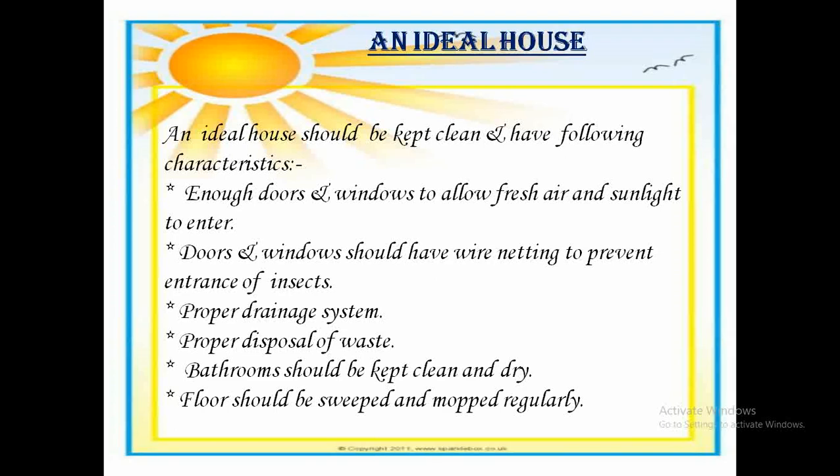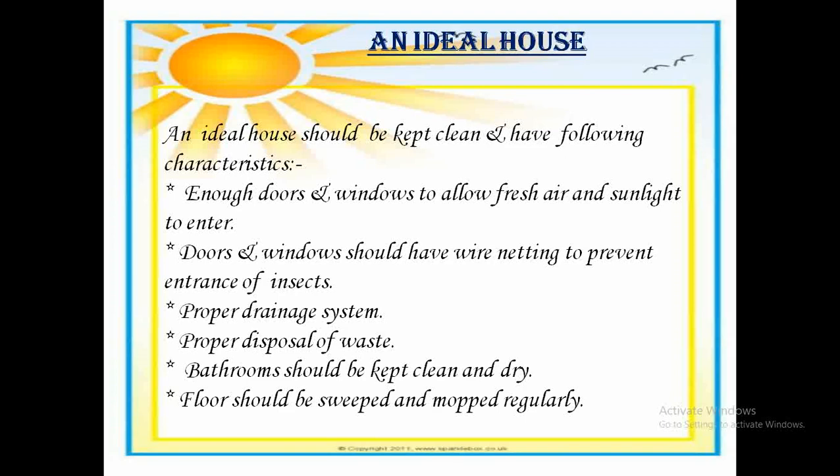Other than that, a house should have enough doors and windows to allow fresh air and sunlight to enter. If windows and doors are there, then sunlight and air will enter our house, and both of these things, fresh air and sunlight, are very important to keep ourselves healthy.